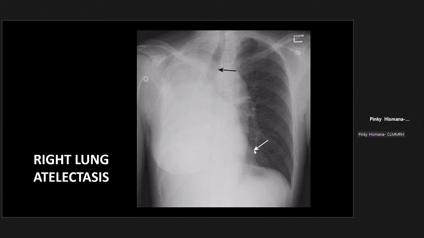Actually, this is quite a difficult case if you're new to radiology, but if you notice, it's not only your trachea which is deviated to the right.